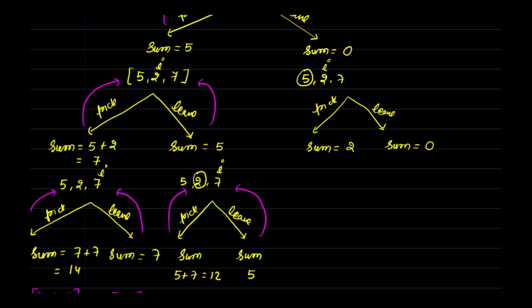Now here my array is 5, 2, 7, and my index is increased by 1, so the index is here. So again we have two choices. Either we will pick or we will leave.